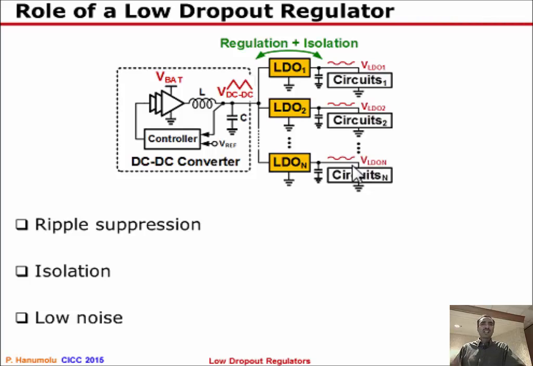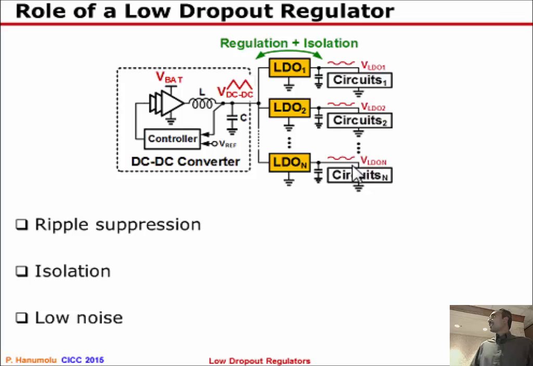And in circuits where you have a lot of switching, for example, digital circuits, isolation also becomes important. If this is a large digital system, you don't want any of the switching noise appearing or coupling to the output of the DC to DC converter. In that case, we are interested in reverse isolation. So in principle, a good low dropout regulator must satisfy essentially these three requirements.